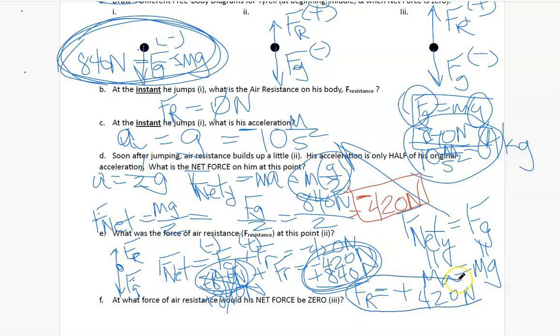Now, you can calculate it like we just did, or you could use logic and say, okay, the air resistance is balancing half of his weight because the acceleration is half, so it must have canceled half of his weight, and therefore the air resistance is half the weight, half of 840, but it's in the positive direction, and therefore it's positive 420 newtons.